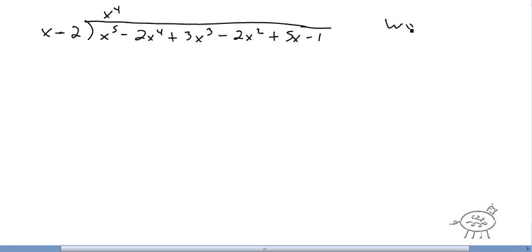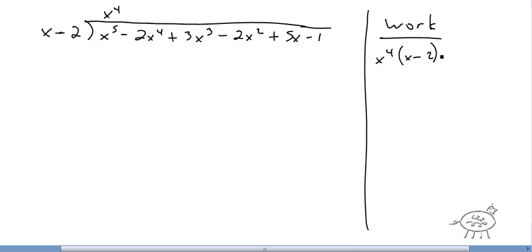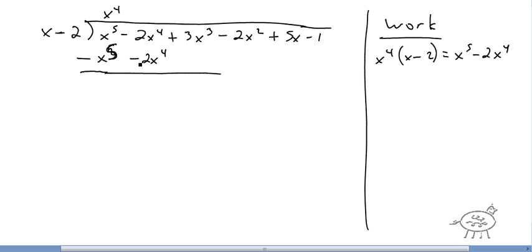So here's our work. It's going to be x to the 4th times x minus 2, which is x to the 5th minus 2x to the 4th. So we're going to change the signs. And what's going to happen is that cancels and this cancels.